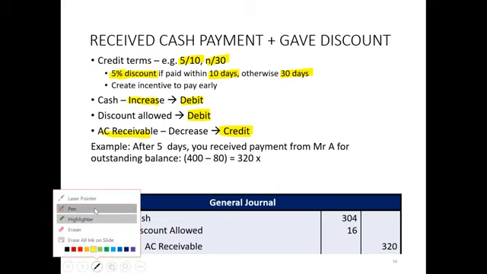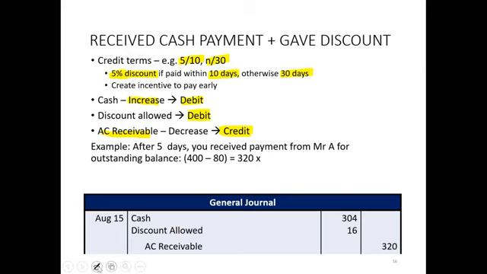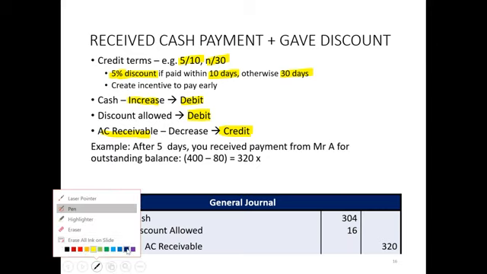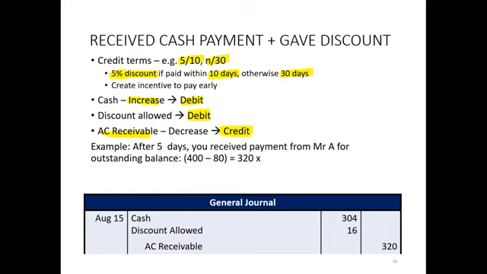In this example, the balance is 320. You are giving them 10 days, but Mr. A paid within 5 days, so you're going to give them a discount.